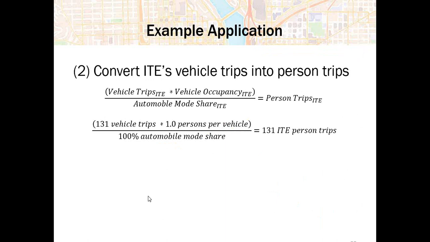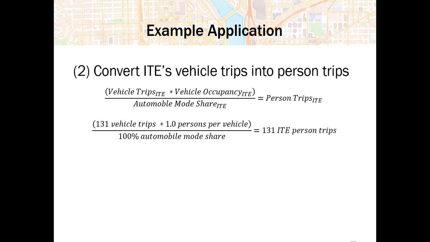Next, we're going to apply some assumptions to convert ITE's vehicle trips into an estimate of person trips. Now, ITE doesn't provide a lot of information for all of its land uses to describe what sort of automobile mode share or vehicle occupancy rates occur in the data that they have collected. But we can make some assumptions based on the fact that they state that their data tends to be suburban, tends to be vehicle-oriented.